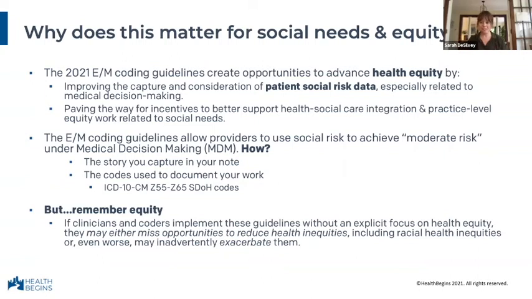We always want to make sure that we remember equity in every encounter when we're trying to address social risks, otherwise we defeat the purpose. If clinicians and coders implement these guidelines without an explicit focus on health equity, they might either miss opportunities to reduce health inequities, including racial health inequities, or even worse, may inadvertently exacerbate them.